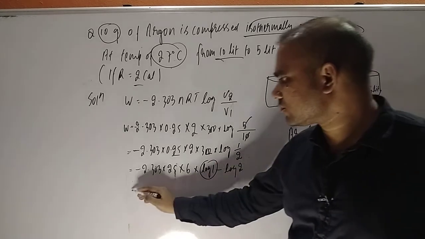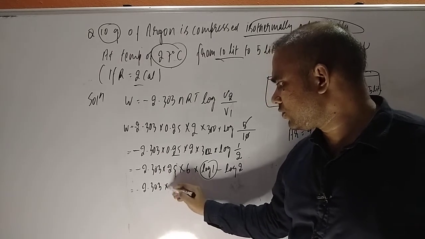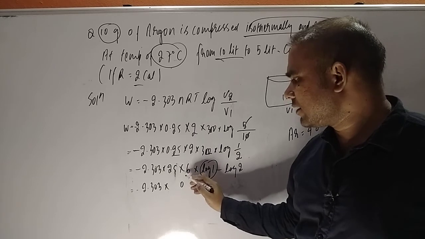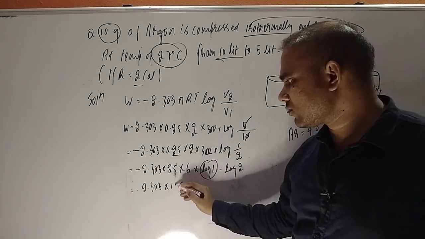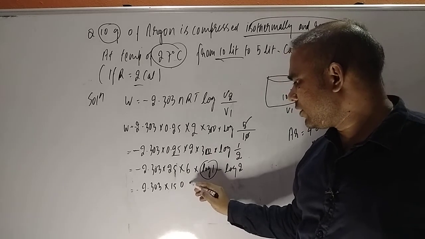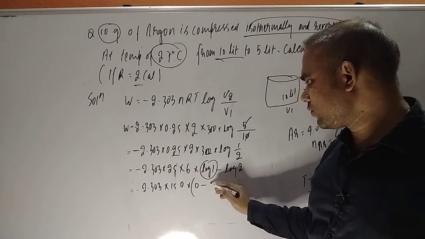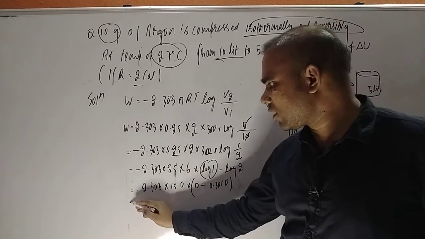Log 1 value is 0. So minus 2.303 into 150 into log 1 minus log 2, where log 2 value is 0.3010.